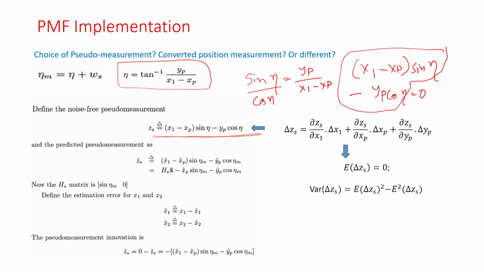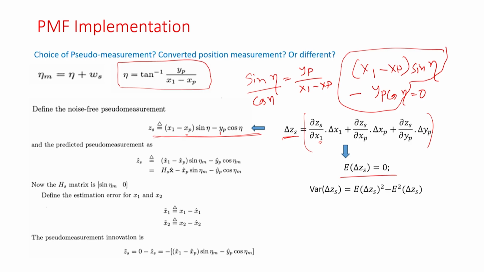The term which is equating to 0, that part we have taken as the pseudo measurement. Once we have taken the pseudo measurement, we have to derive its statistics, first order and second order statistics. What is the delta component? Do a first order Taylor series linearization. What are your dependent variables? Delta x1 is one dependent variable, xp is another, and yp is another. So, you have to calculate the deltas for the zs. With this, the expectation of zs comes out equal to 0.